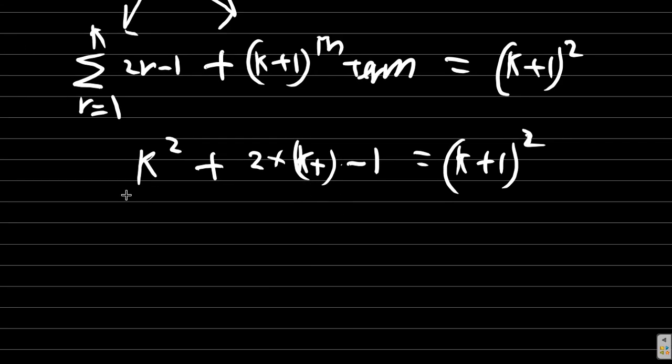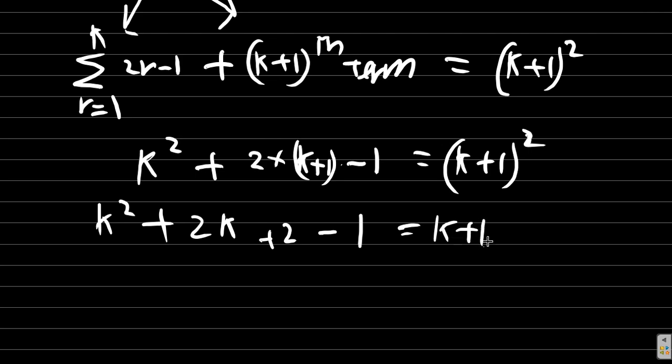Now, here, you have k squared plus 2 times k plus 1 minus 1. Multiply. 2 times k is 2k, 2 times 1 is plus 2, minus 1, equals k plus 1 squared.